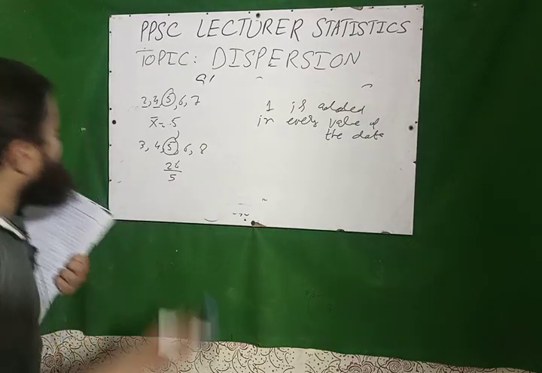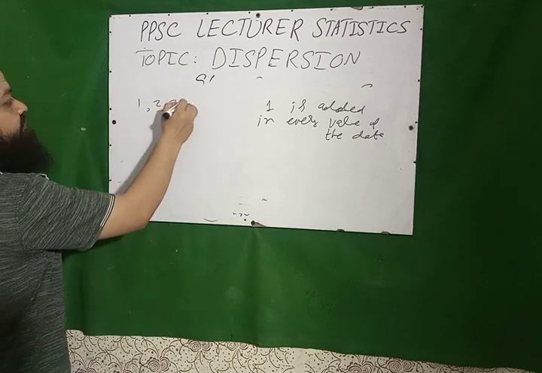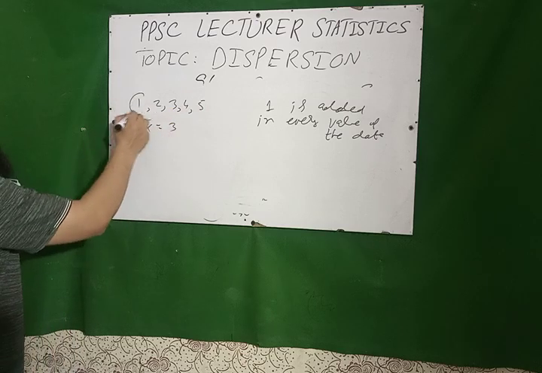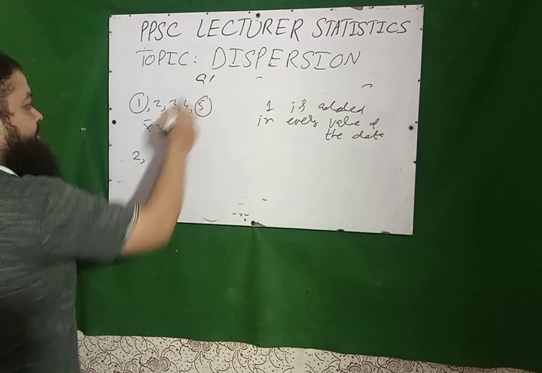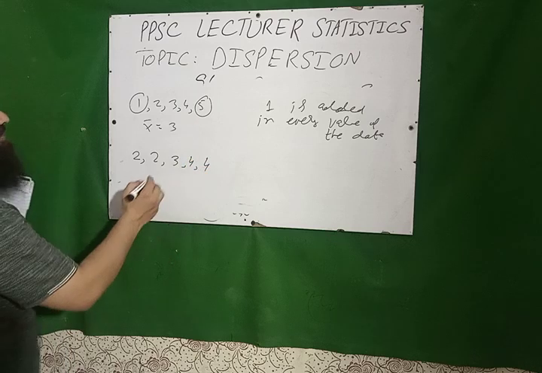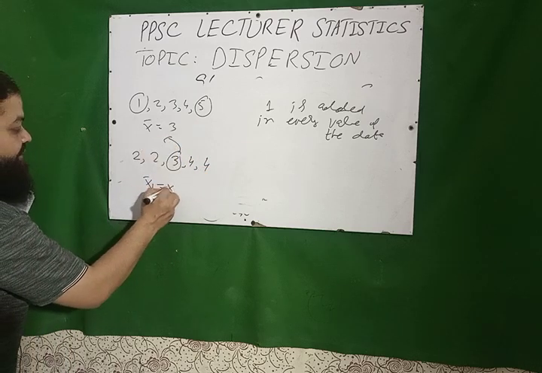I will take it again. The values are 1, 2, 3, 4, 5. Its mean is 3. If I add 1 to the smallest value and subtract 1 from the largest one: 2, 2, 3, 4, 4. Its mean will be the same, it will not be changed. It means x bar 1 is equal to x bar 2.